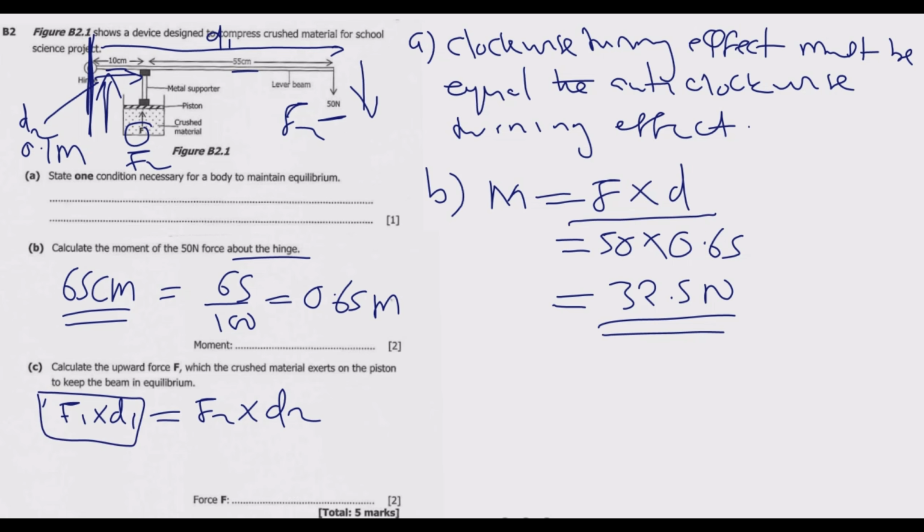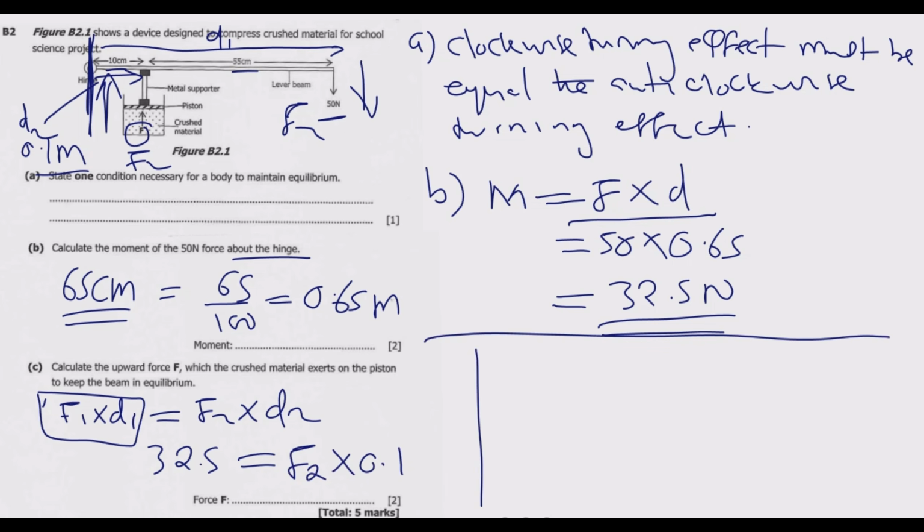this is B. So we have 32.5 without wasting much time is equal to, when we replace F2 multiplied by the distance, 0.1 meter. So this tells us basically 32.5, which is nothing but this distance multiplied by the force, is equal to 0.1 F2.